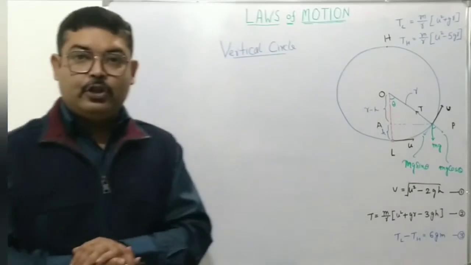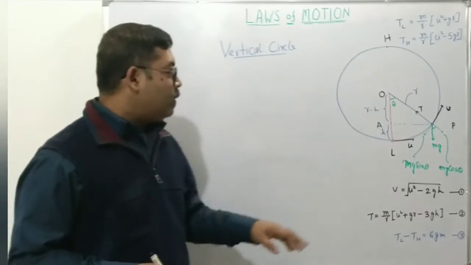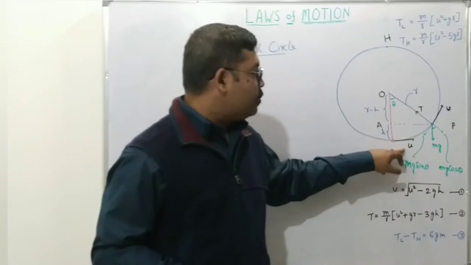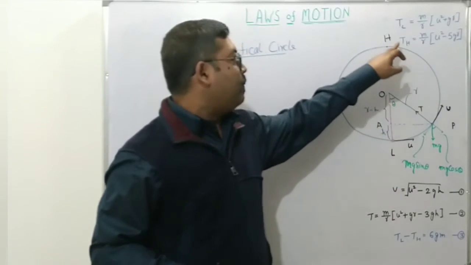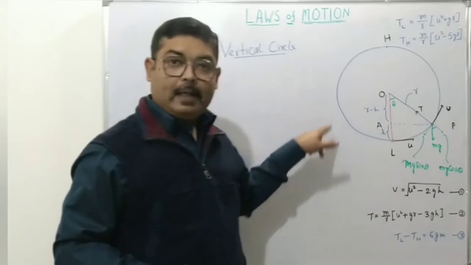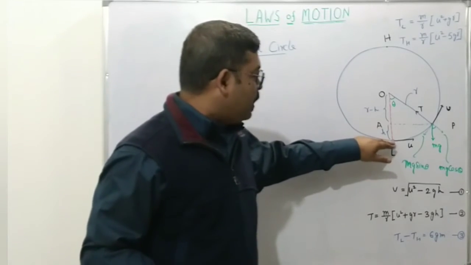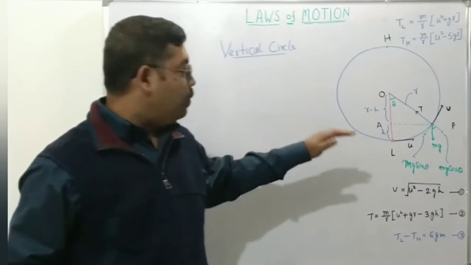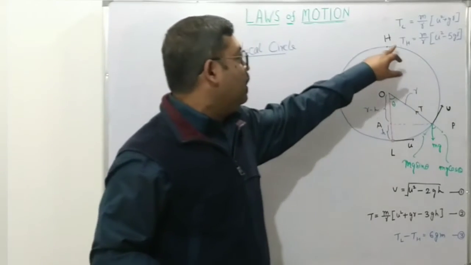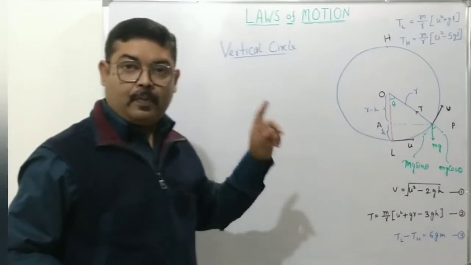Now we are in a position to find out what should be the minimum velocity at L so that the object is able to complete the vertical circle. So what should be the minimum velocity that should be imparted at the lowermost point so that it can reach here and then move on.